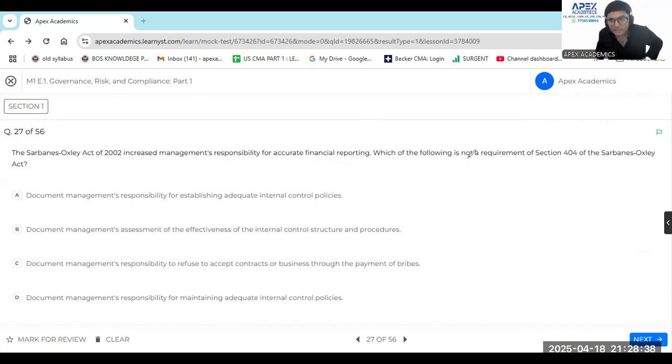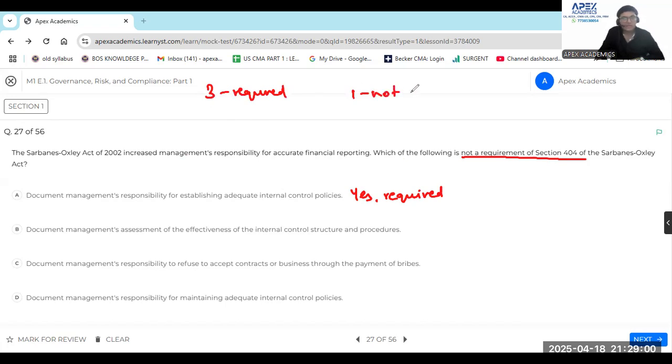Which of the following is not a requirement of section 404? To document the management's responsibility for establishment of adequate internal control policies. This is a requirement. So over here, obviously 3 will be required and 1 will not be required, and what is not required is your answer.